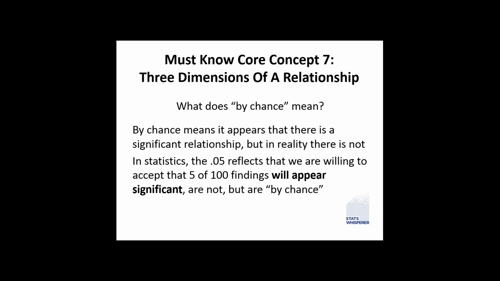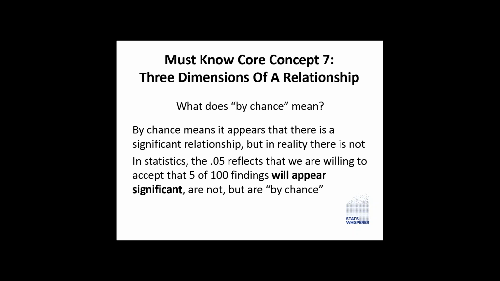So what does by chance mean, right? A lot of people know that it has to be 0.05 or less to be significant, but the further you get from Stats 101, the more that by chance starts to fade a little, many times, right, me included.